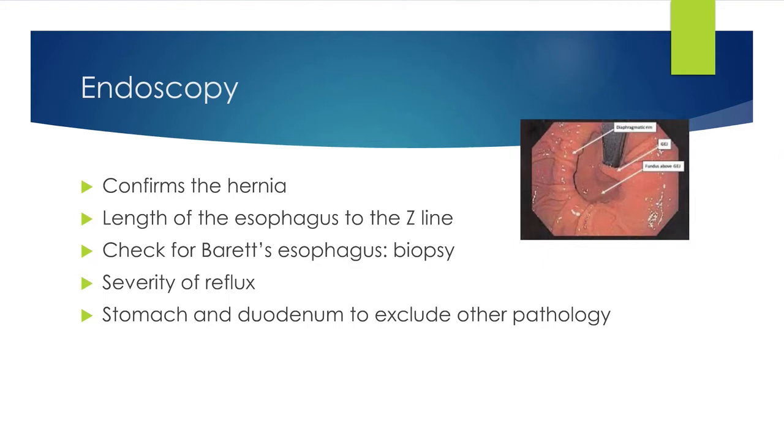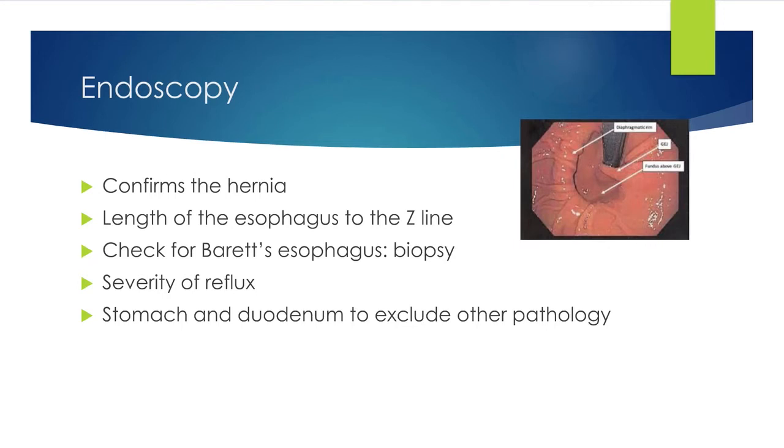We need to measure the length of the esophagus in all these situations, which is the distance from the incisor teeth to the Z line. And the Z line is the line that separates the squamous mucosa that lines the esophagus from the columnar epithelium that lines the stomach.